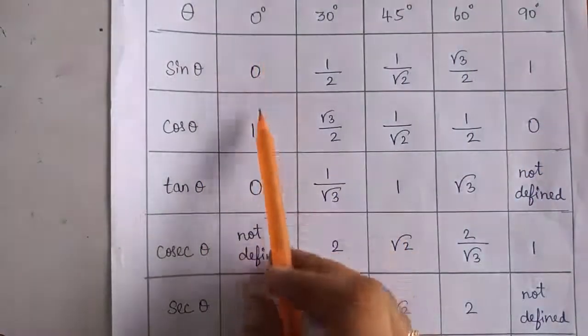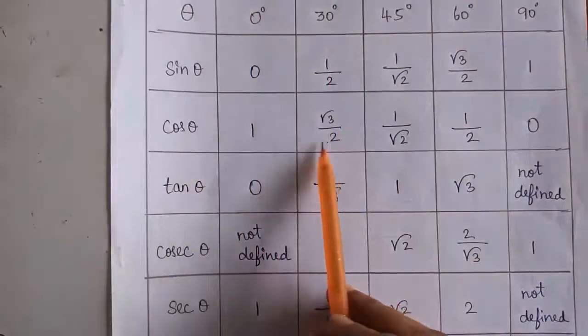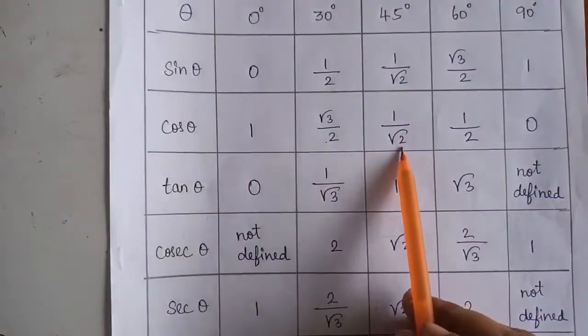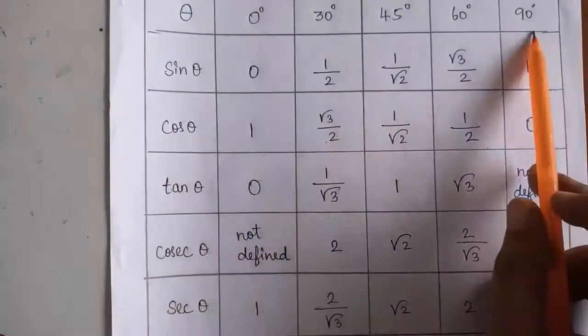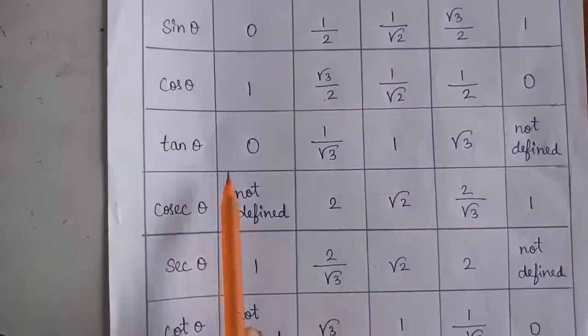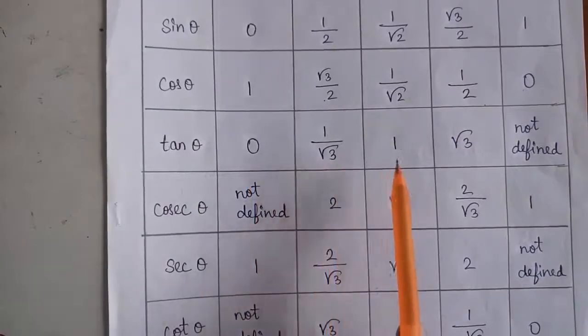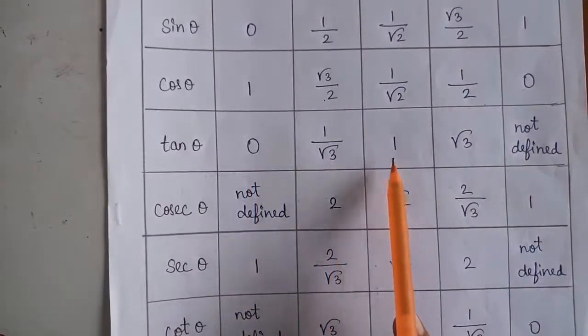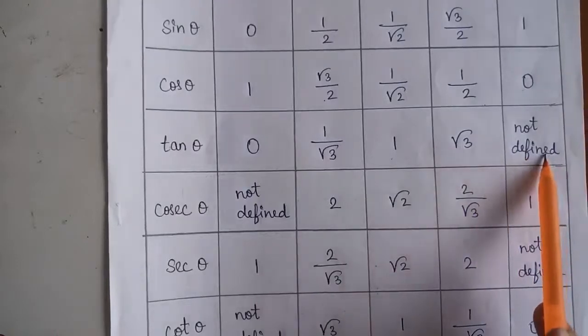Cos 0 degree is 1, cos 30 is root 3 by 2, cos 45 is 1 by root 2, cos 60 degree is 1 by 2, then cos 90 degree is 0. Then tan 0 degree is 0, tan 30 degree is 1 by root 3, tan 45 degree is 1, tan 60 degree is root 3, and tan 90 degree is not defined.